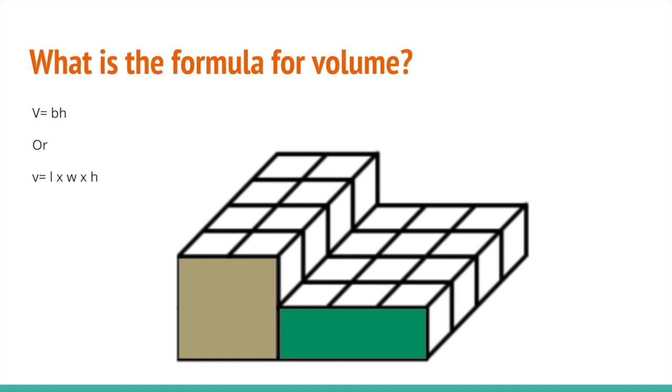First, let's look at this brown side. What is the length, width, and height? Yes, 2, 2, and 4. So what is the volume of that part of this figure? Right, it's 16 cubic units.